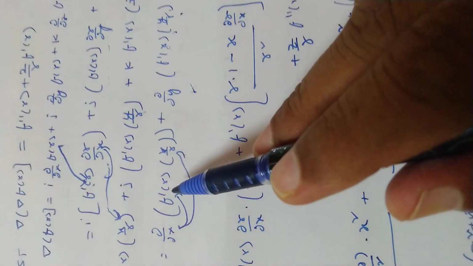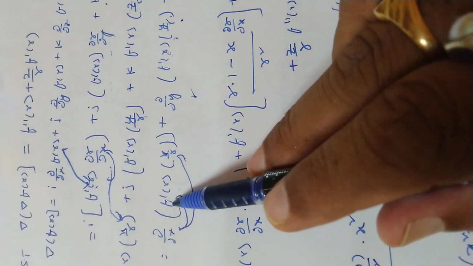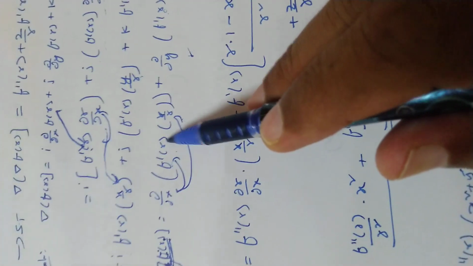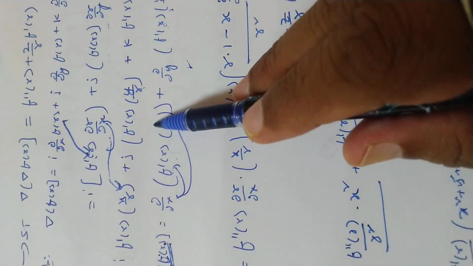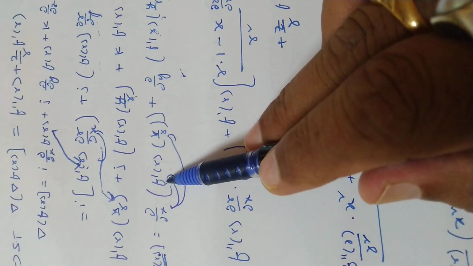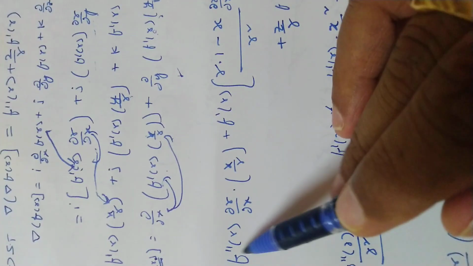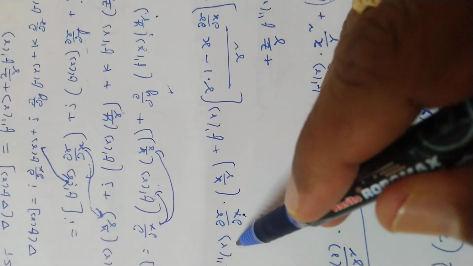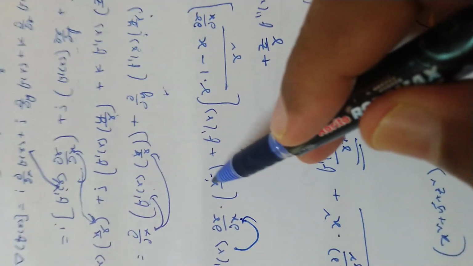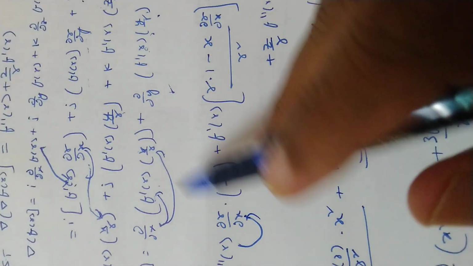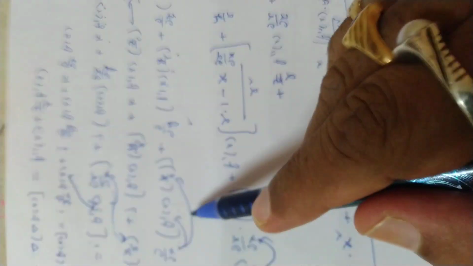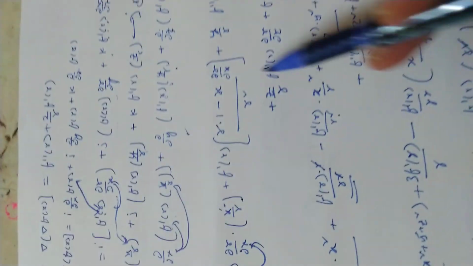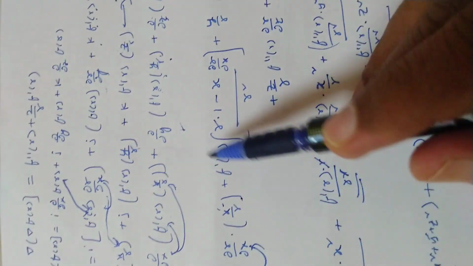Here only this one is a product of two variables, so I can keep this one constant, and the differentiation of this one is nothing but f double dash r, and the r differentiation is x by r. So carefully we observe that this one is a constant, and for the next one, f dash r is constant.